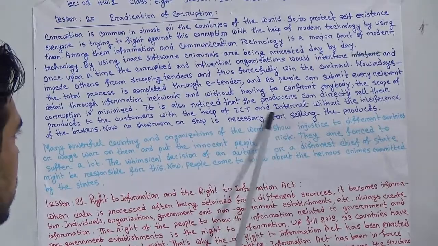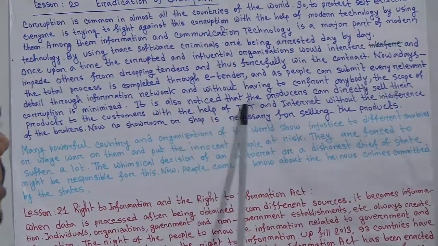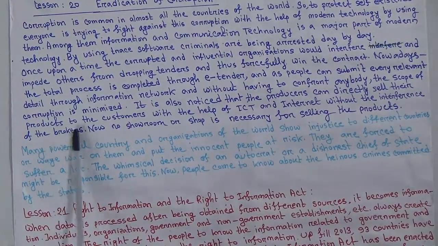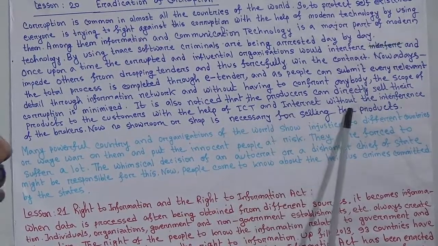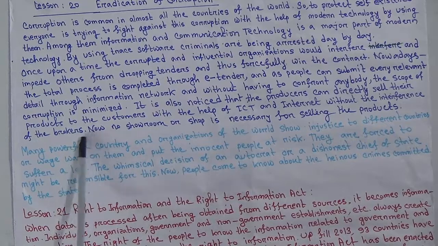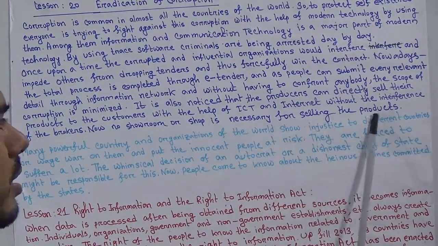The producers can directly sell their products to the customers with the help of ICT and internet without the interference of the brokers. Now no showroom or shop is necessary for selling the products.